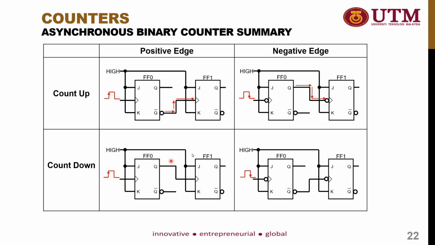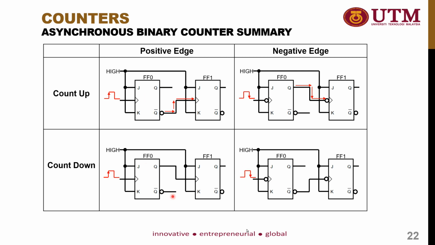And if you have a negative edge triggered flip-flop, where you have a bubble at the clock input, and you want your counter to count down, you need to connect the input clock of flip-flop 1 to the output Q bar of flip-flop 0, where flip-flop 0 is the LSB because it is directly connected to the external clock.